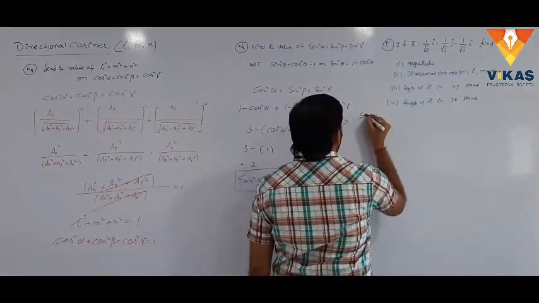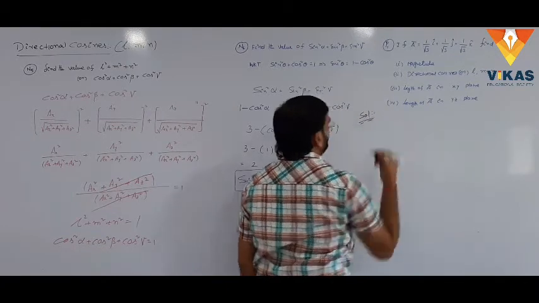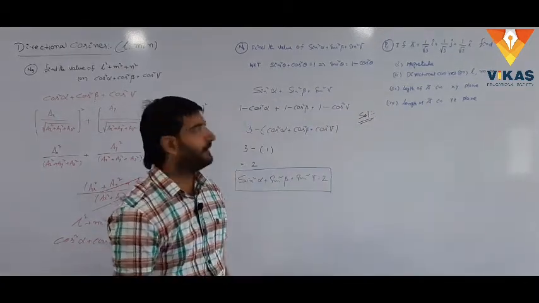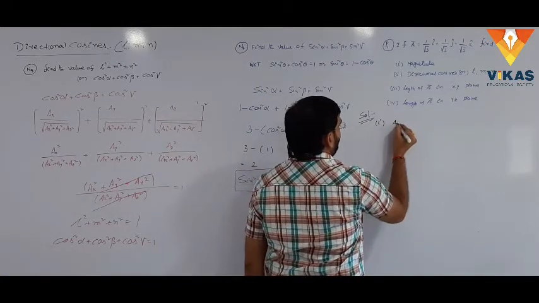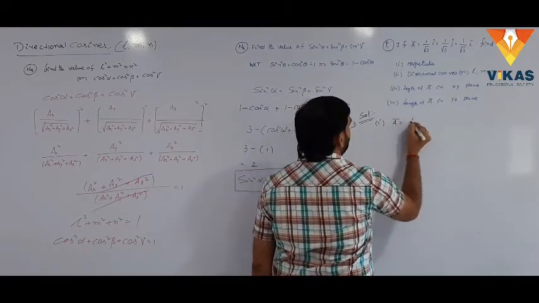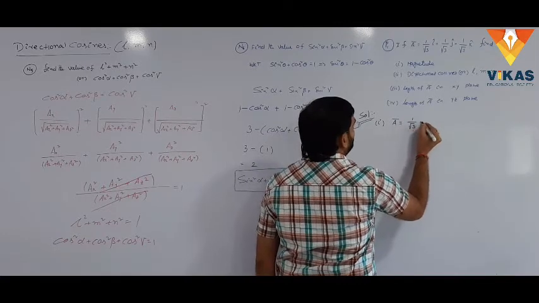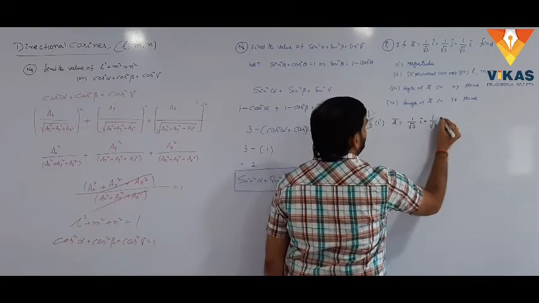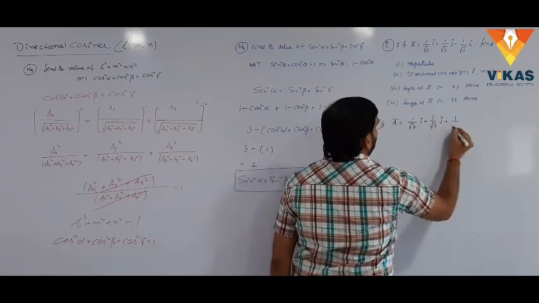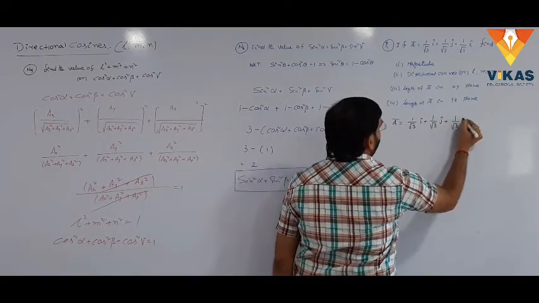Solution of that problem. Answer for the first question. The vector a bar is given, that is 1 by root 3 into i cap plus 1 by root 3 into j cap plus 1 by root 3 into k cap.